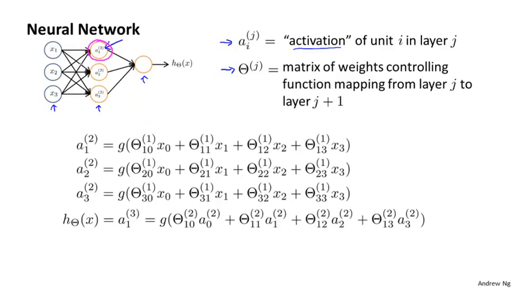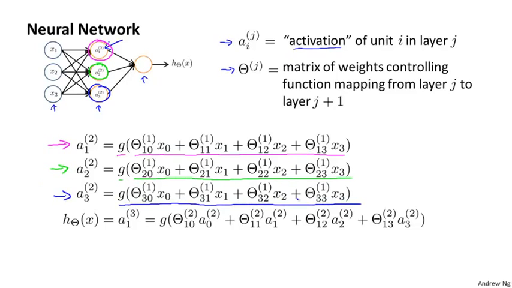This first hidden unit has its value computed as follows: A21 is equal to the sigmoid function, also called the logistic activation function, applied to this linear combination of its inputs. And then this second hidden unit has its activation value computed as sigmoid of this, and similarly the third hidden unit is computed by that formula.